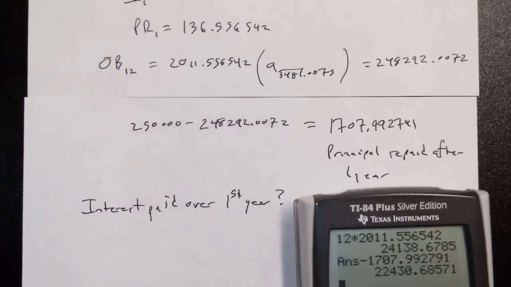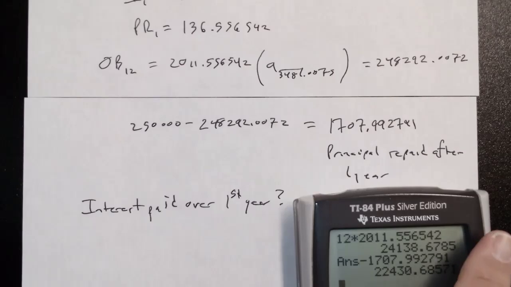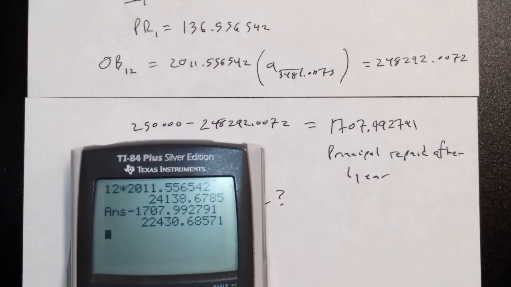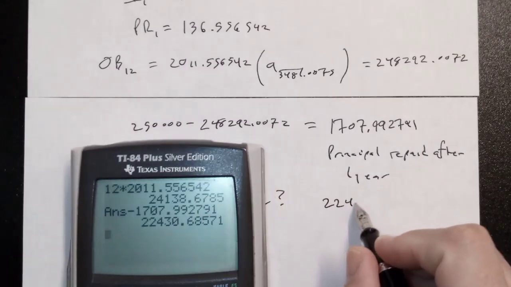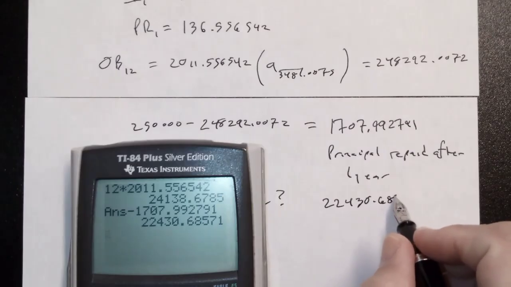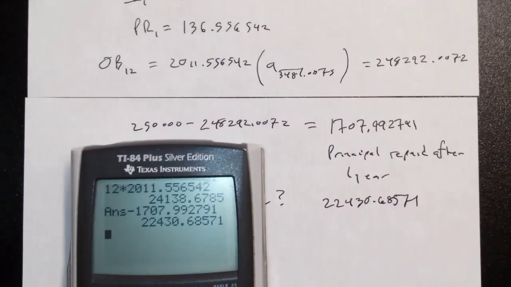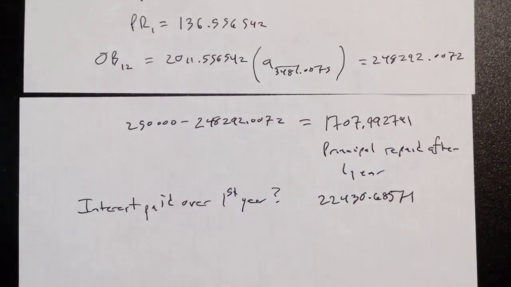In the first year, you paid $1,700 towards principal and $22,000 in interest. Holy crap.